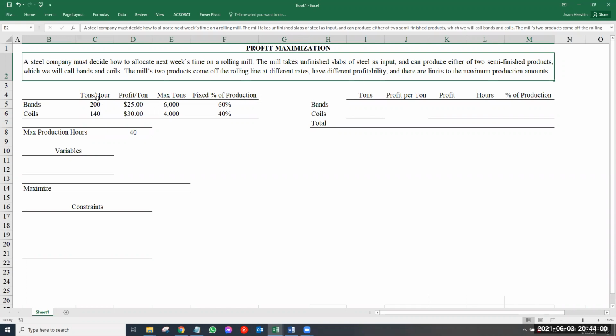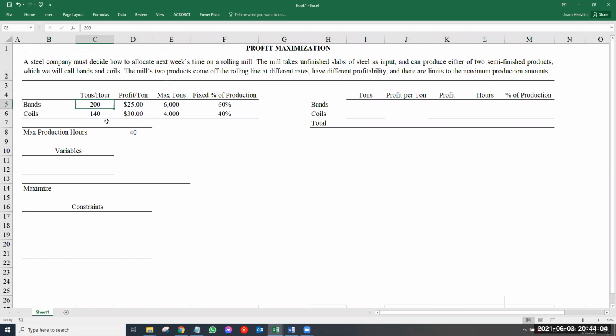Here we have some given information. Bands, they can do 200 tons per hour. Coils, 140 tons per hour. The profit per ton is $25 for bands, and for coils is $30 per ton. The maximum amount of tons they can produce of bands is 6,000, and the maximum is 4,000 tons for coils.